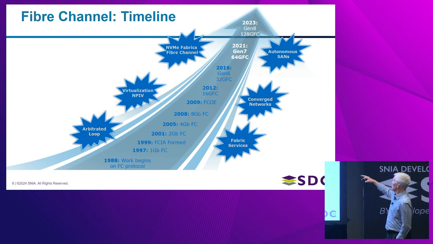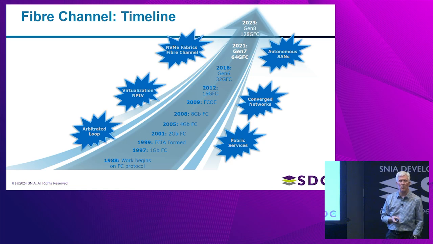The next decade, we got involved in NVMe over Fabrics, of which there are several implementations already available today from all the major storage vendors. And now we're more focused on automation within the SAN.